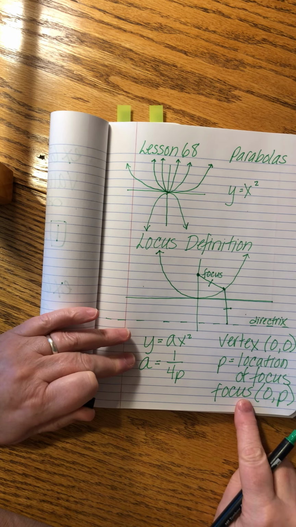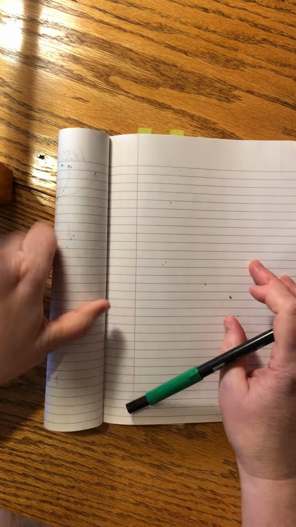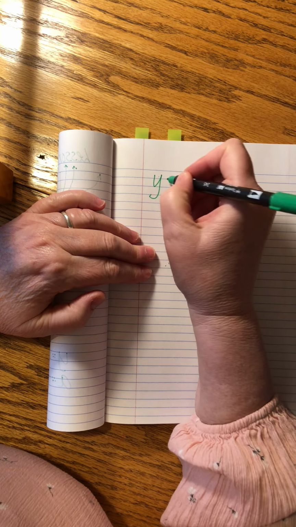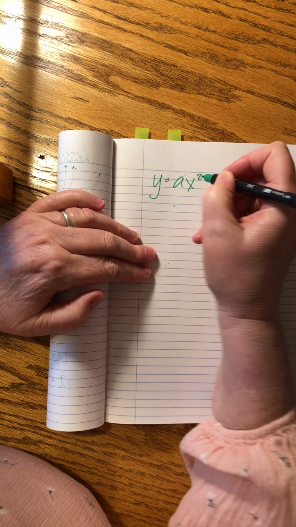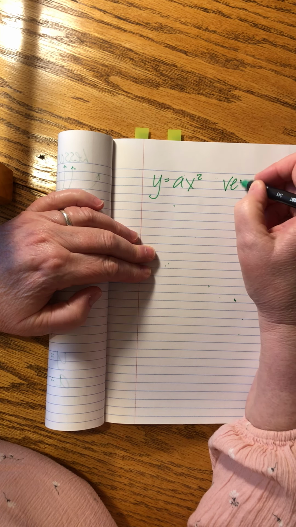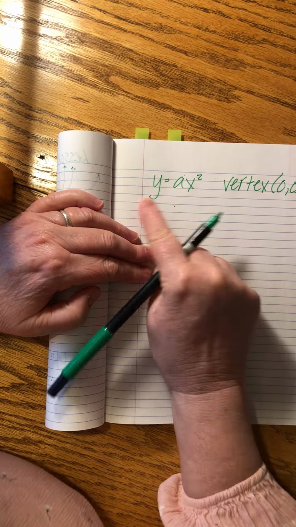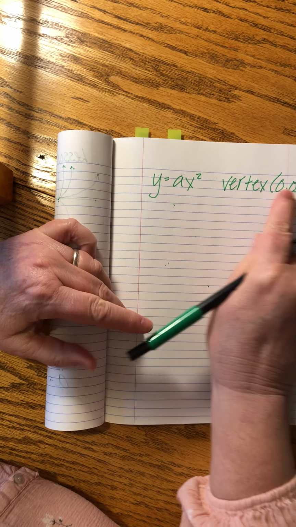And the directrix, oh, I've run out of room. I hate when this happens so much. I'm going to copy these over on the next page so we have everything in one place, because these are all the formulas and bits we need to know. y equals ax squared. That is the equation of a parabola when the vertex is at 0, 0.